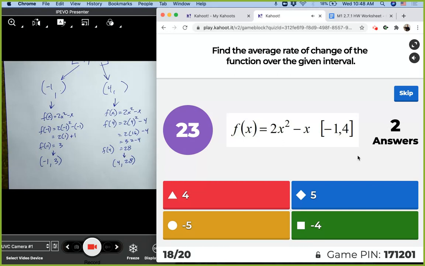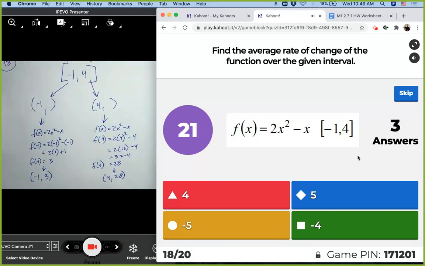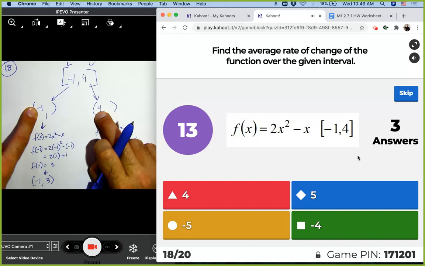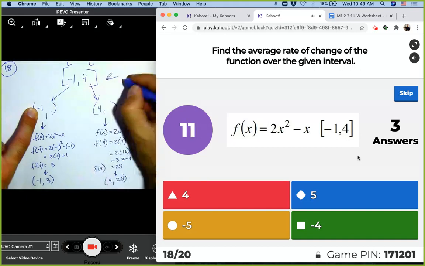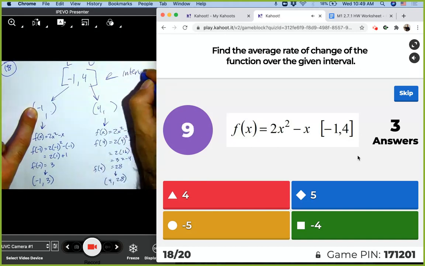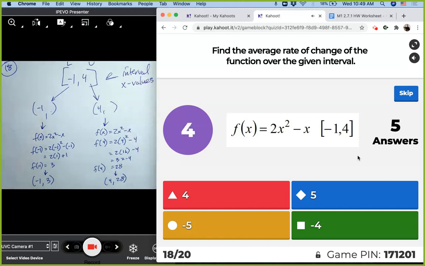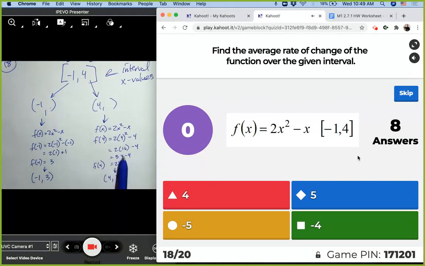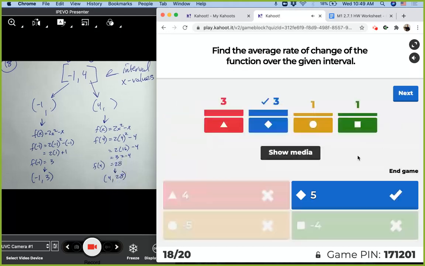If you're not sure how to start, peek up here. We had the interval, lower and upper limit. Split them up, put them in for the x values, because the interval are our x values. I plug in 4, I plug in negative 1, I find my y value of 3. I find my y value of 28. All right, don't worry about that. So now I have my points.